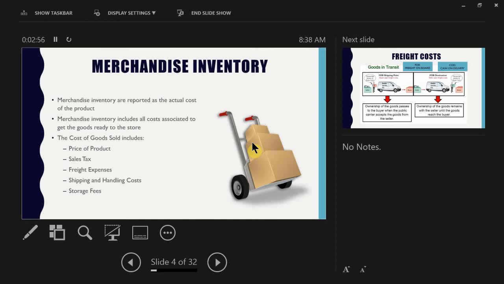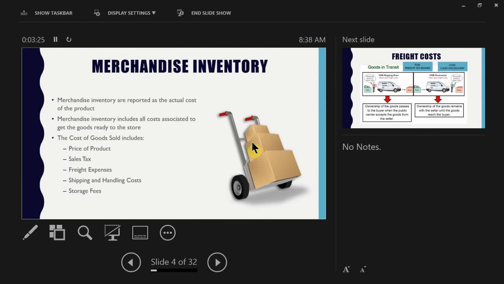So, for example, we have the original purchase price of the item. We have sales tax if there is sales tax, okay? We have freight expense, we have shipping and handling, and we also have storage fees. So there's a lot of things that can go into inventory, and that's going to be considered part of the cost of goods sold.